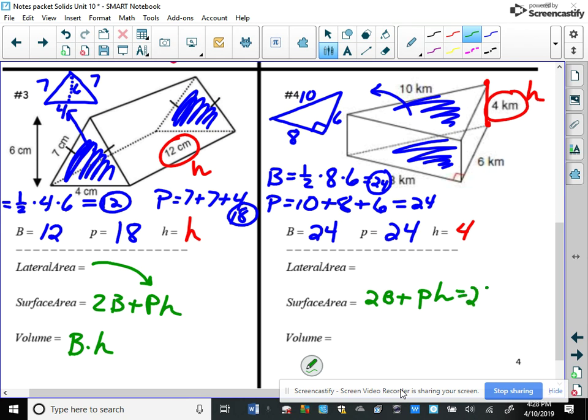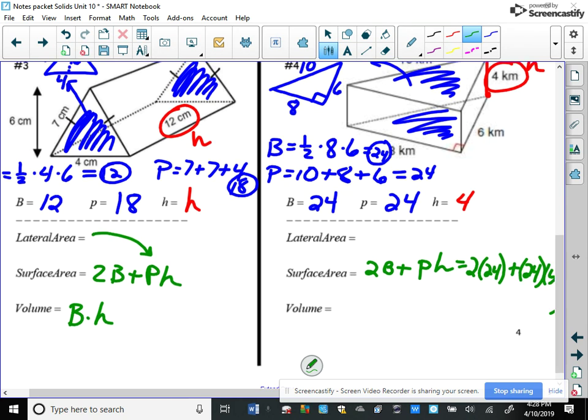So 2 times 24 plus 24 times 4. Oh, goodness gracious, I ran out of room. That's 24 times 4. All right, 2 times 24 is 48. 24 times 4 is 96. And you add those two things together, you get 144.